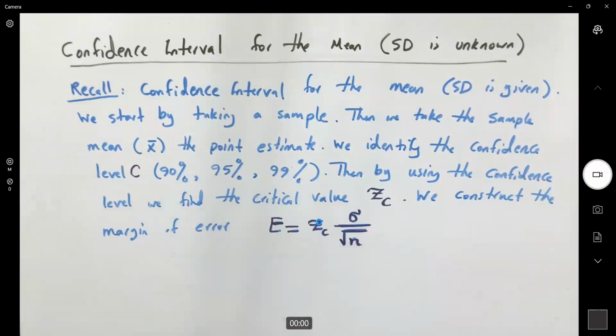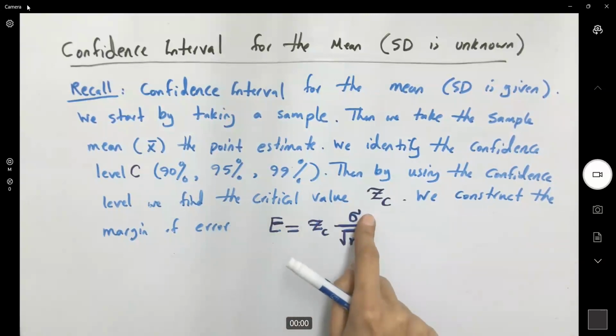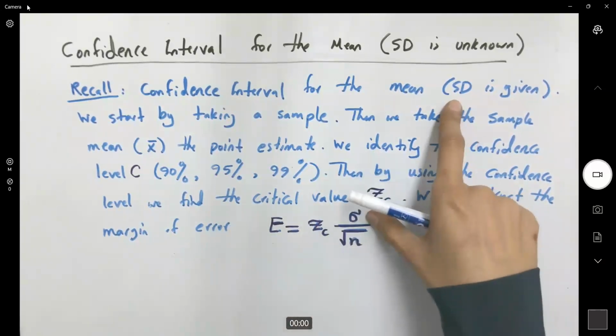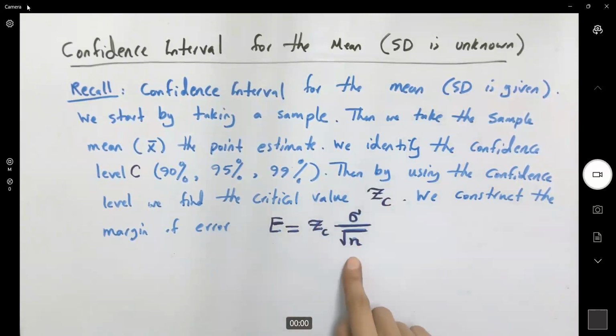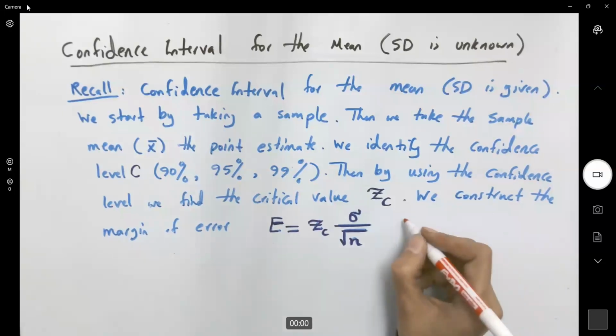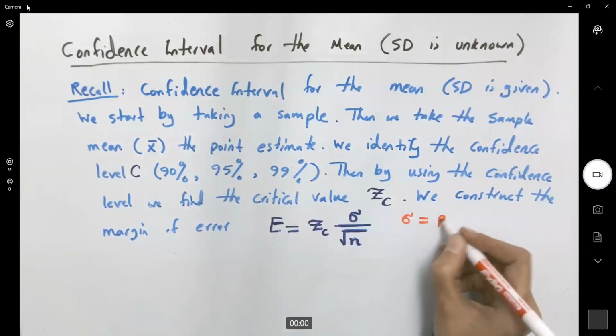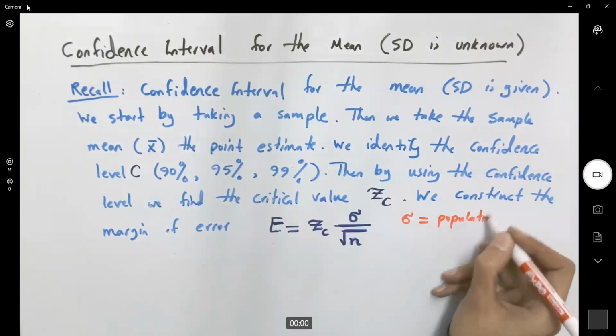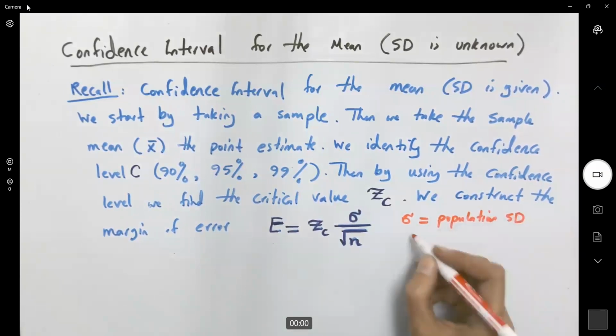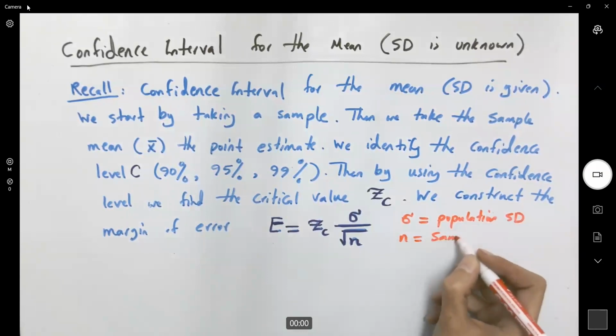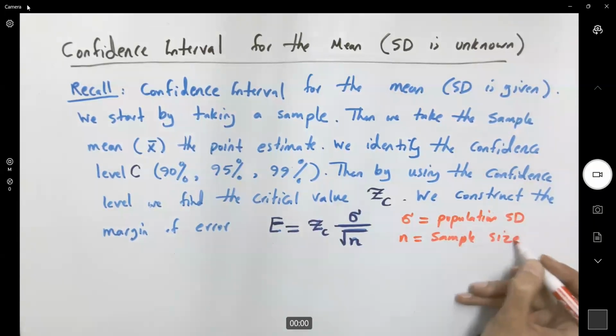Well, we used the confidence level to find the critical value, ZC. Sigma is the standard deviation of the population, and N is the sample size. So let us write this down. Sigma is population standard deviation, and N is the sample size.